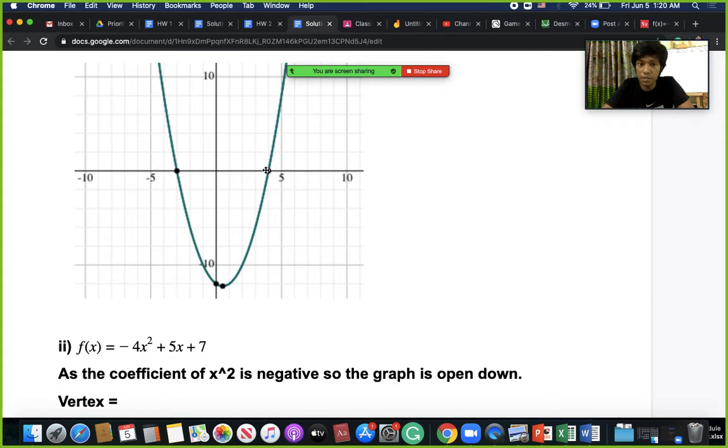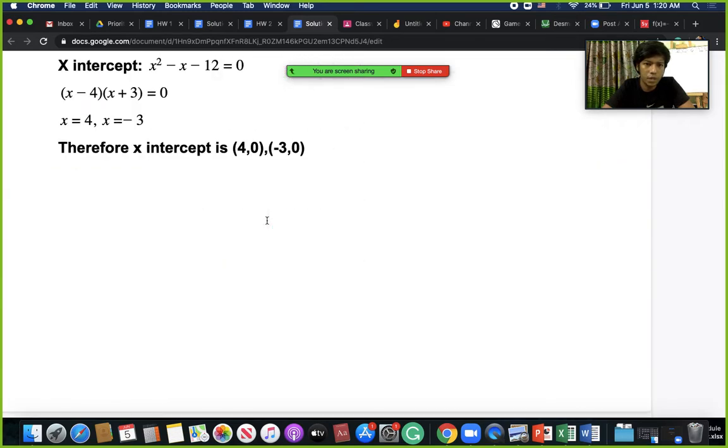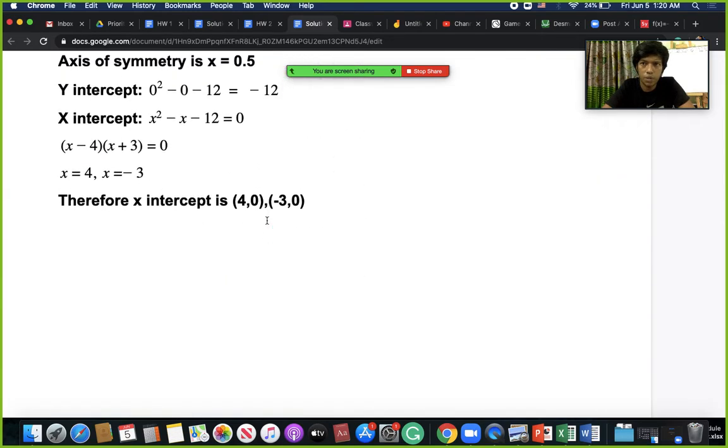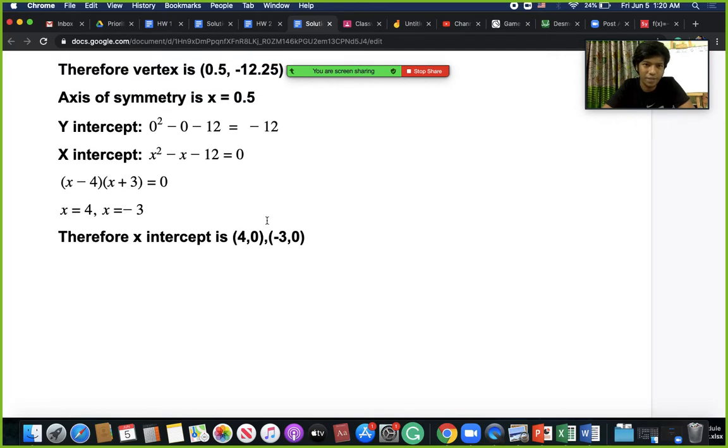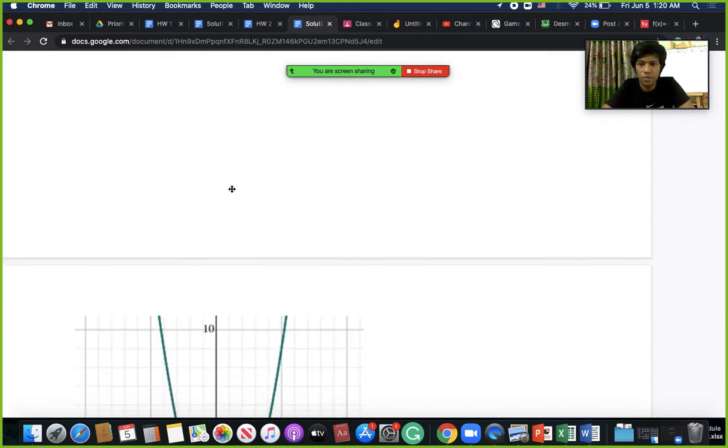My x-intercept is 4, 0, so right here within brackets 4, 0. Here this is -3, so right here -3, 0. Here this value is 0.5, comma, minus 12.25.